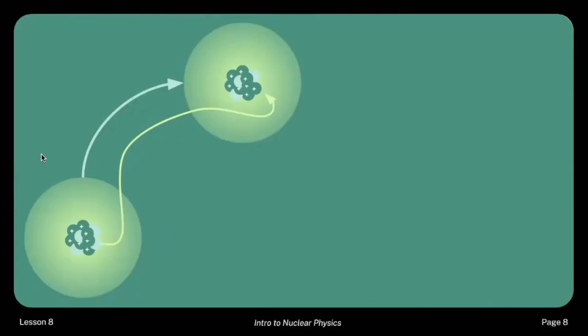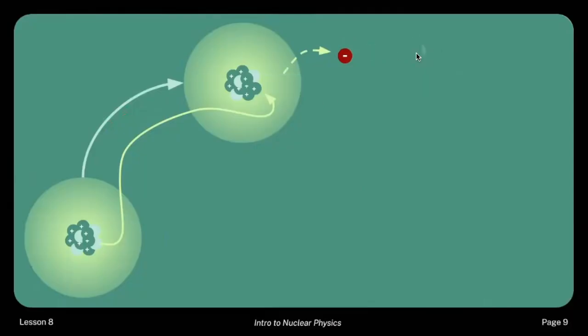Or in other words, what gets emitted? Since we gained a positive particle, we know that it must have emitted a negative particle. So this is an electron, or a beta minus particle. So this is beta minus decay.